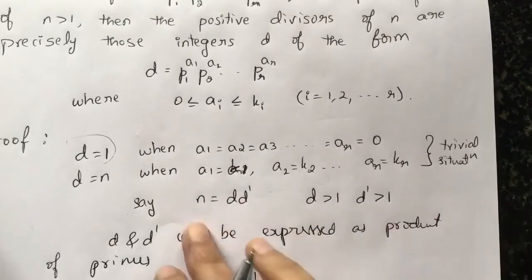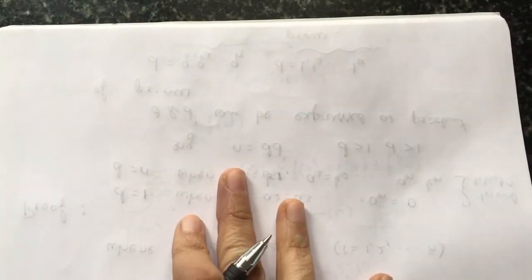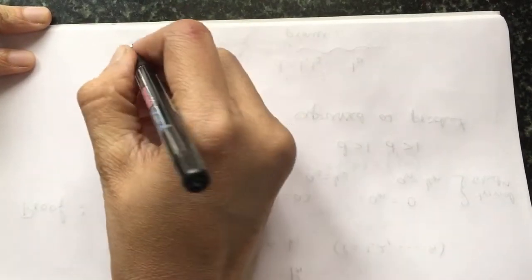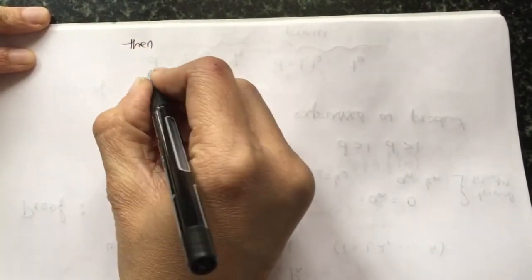So n is written d into d dash, and d dash can be written as a product of primes.